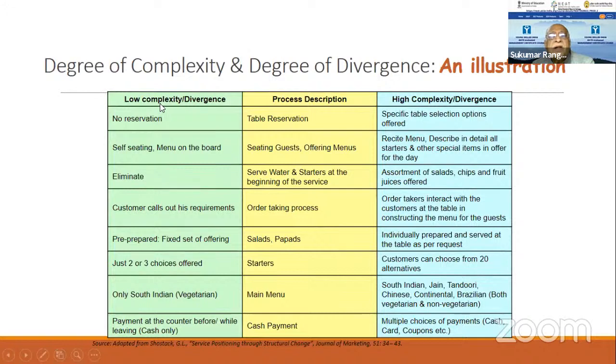So tabulation: this is something taken for the eatery, because that is easy to understand. In the case of a restaurant, low complexity and divergence. This is what I told you about our darshinis. I don't know the equivalent you have in the north, but this is very popular here.